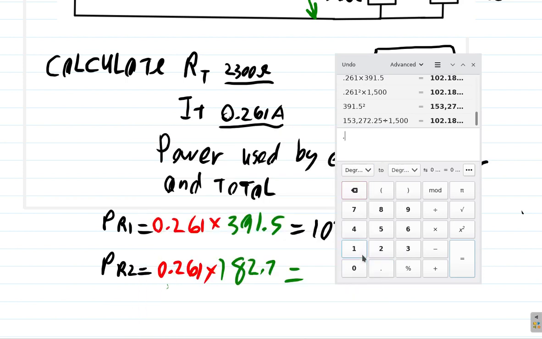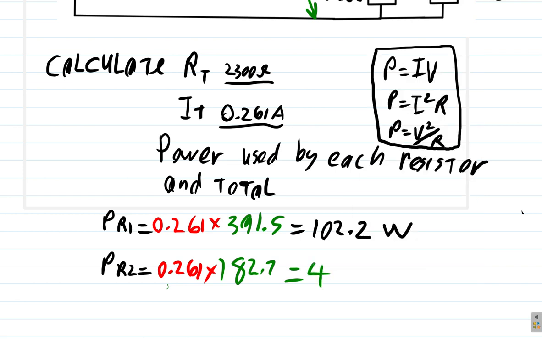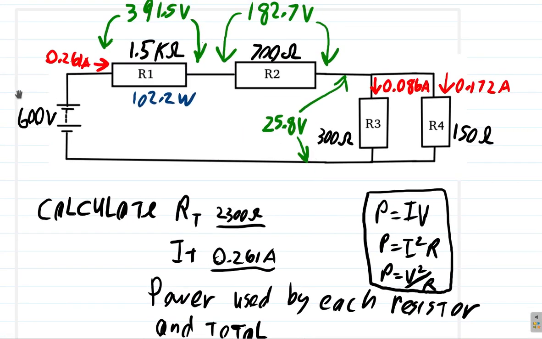So 0.261 multiplied by 182.7 equals 47.7 watts. Alright? 47.7 watts of power we use. That's the power for R2.